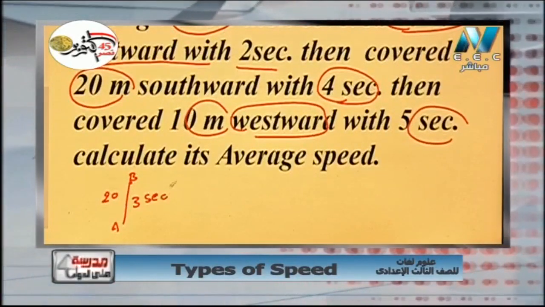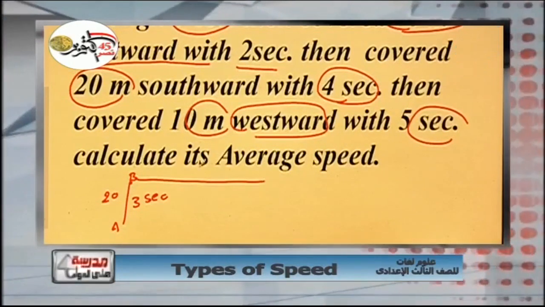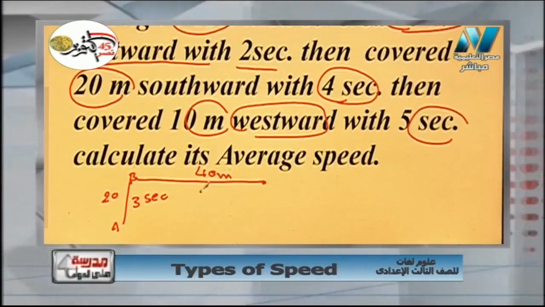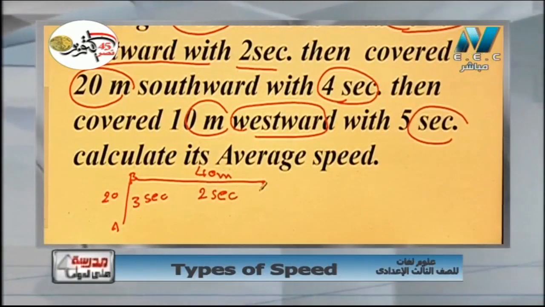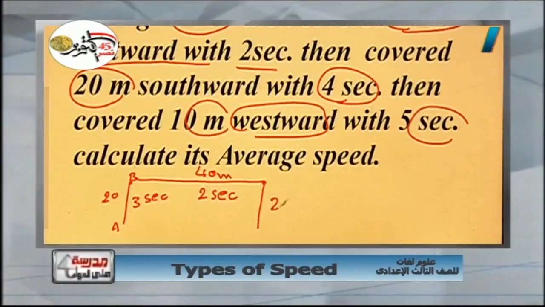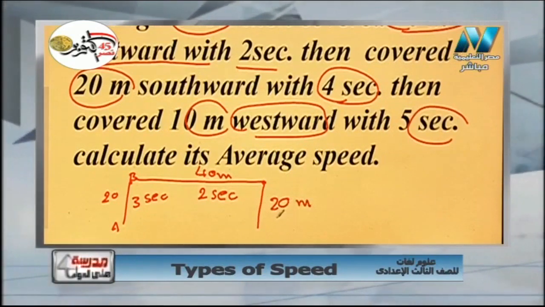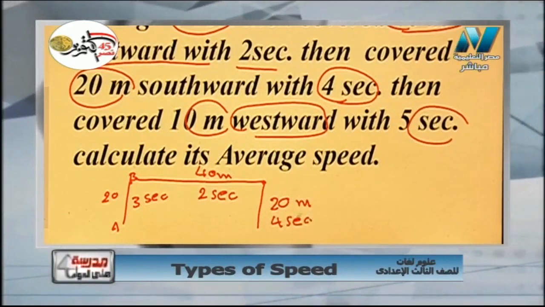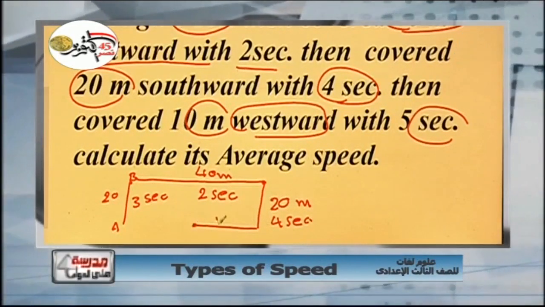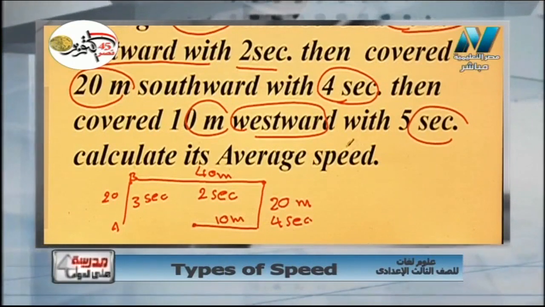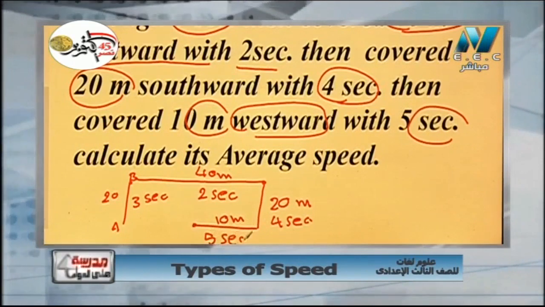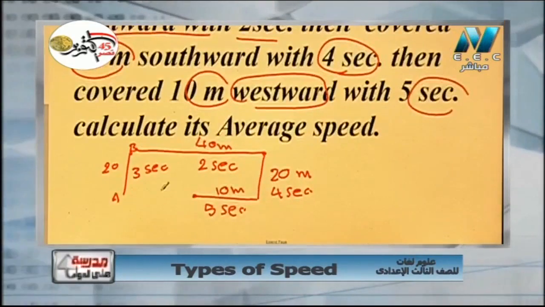Okay, then 40 meters eastward, 2 seconds, then 20 meters southwards, 20 meters in 4 seconds, then covered 10 meters what? Westward, meaning it went back again, in 5 seconds.